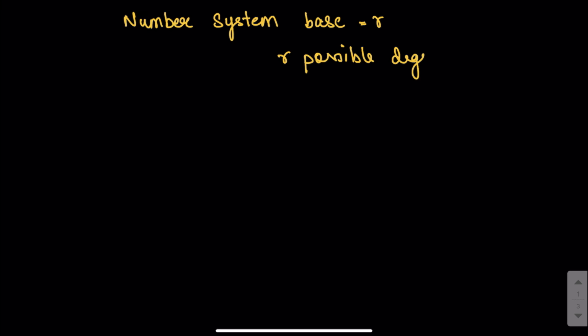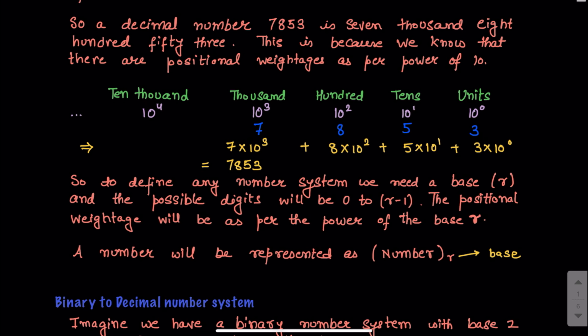If I have a number system with the base r, then it means that there are r possible digits and the digits are ranging from 0 to r minus 1. The positional weightages are r to the power 0, r to the power 1, r to the power 2, 3, 4 and so on up to any place. With this thing in mind, we can now learn any number system.